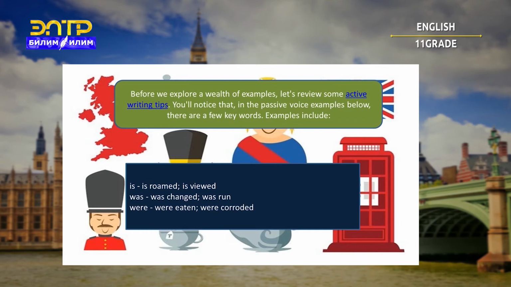Before we explore a wealth of examples, let's review some active writing tips. You'll notice that in the passive voice examples below there are a few key words. Examples include is roamed, is viewed, was changed, was run, were eaten, were corrected.